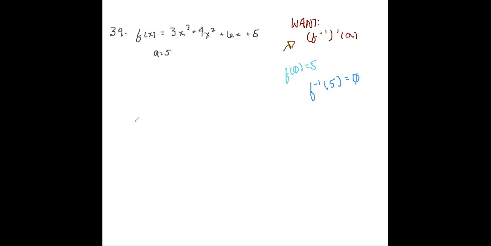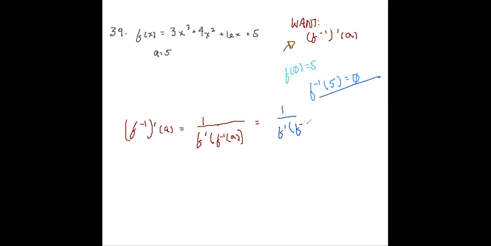Yes. So the derivative of the inverse at a is going to be equal to 1 over the derivative of f at the inverse of a, which in this case is going to be equal to 1 over f prime of 0.